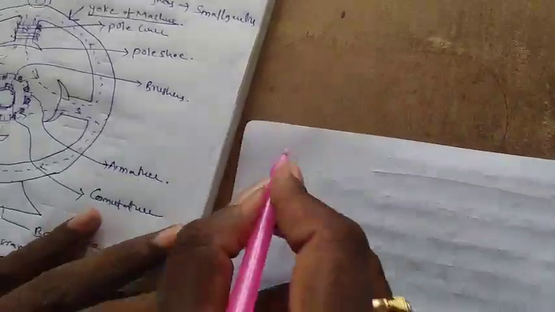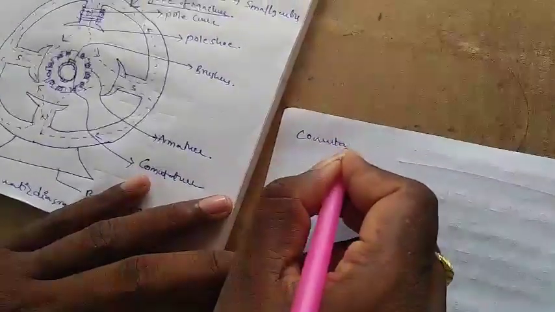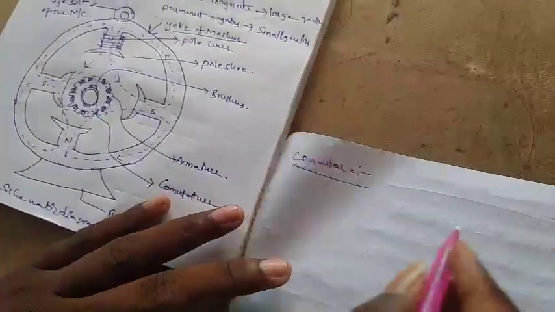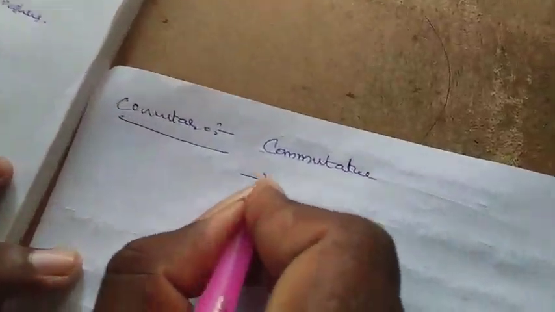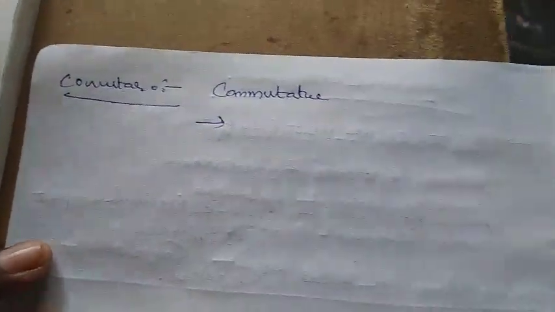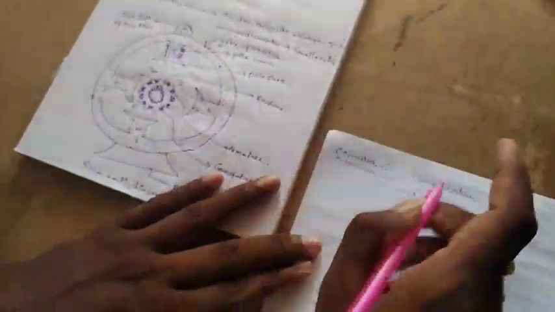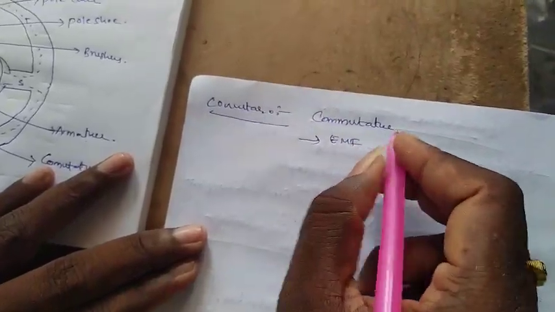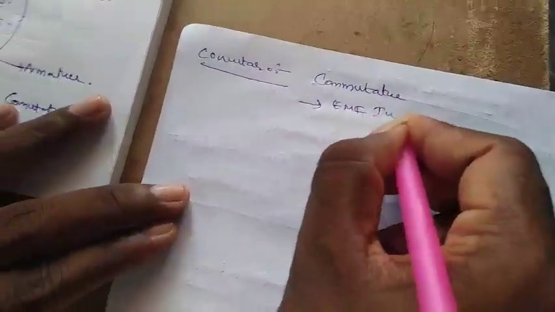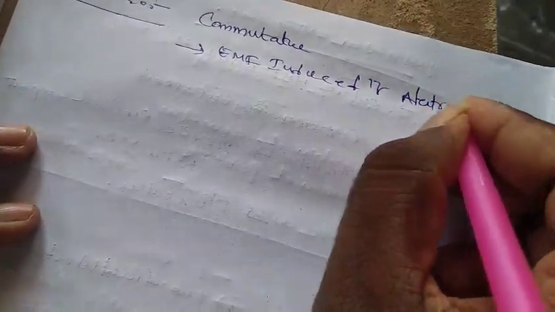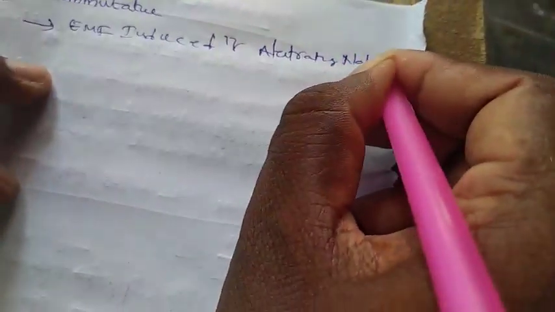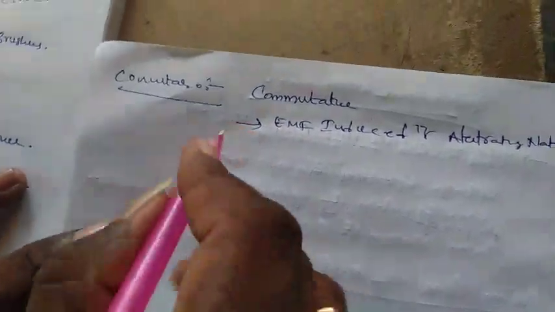And we also have another part, the commutator. The purpose of the commutator: the EMF induced here is alternating in nature.